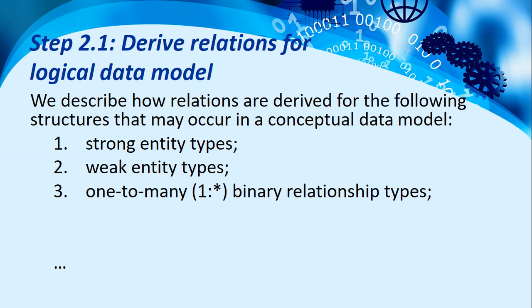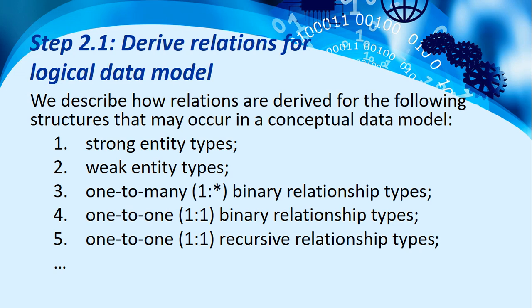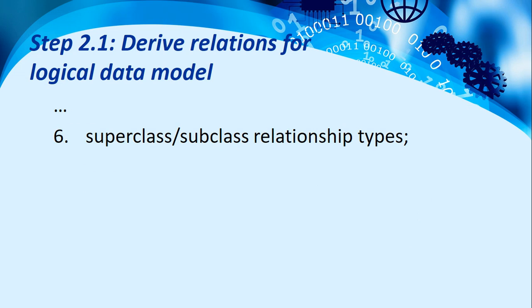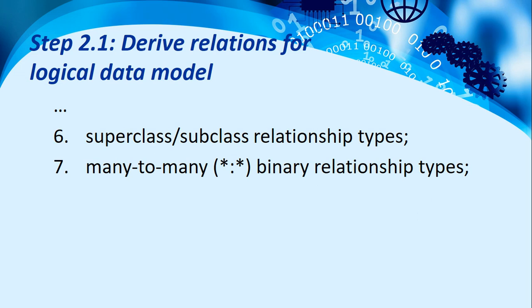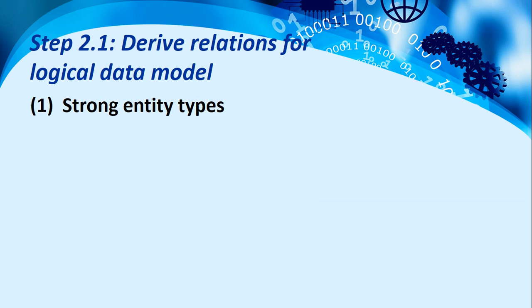So again, binary relationship types, there are two entities involved in the relationship. And then one-to-one recursive relationship types, superclass, subclass relationship types, many-to-many complex relationship types, and then multi-valued attributes. Okay, so we'll start with the first one, strong entity types.